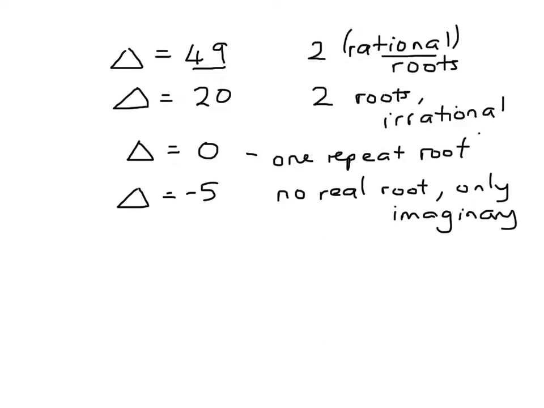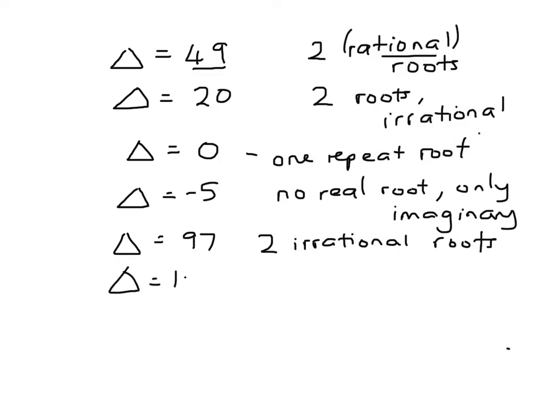What about if the discriminant was 97? Two irrational roots. If the discriminant was 100, now 10 times 10 is 100, so in that case it would have two roots, but they would be rational roots. They would work out to be fractions.